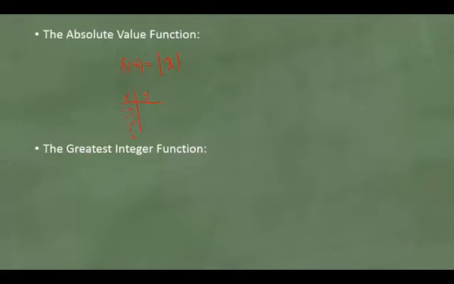So the y's are 2, 1, 0, 1, 2. In other words, on this right side here, 0 comma 0, 1 comma 1 is another point, 2 comma 2 is another point, 3 comma 3 is another point, 4 comma 4, etc.